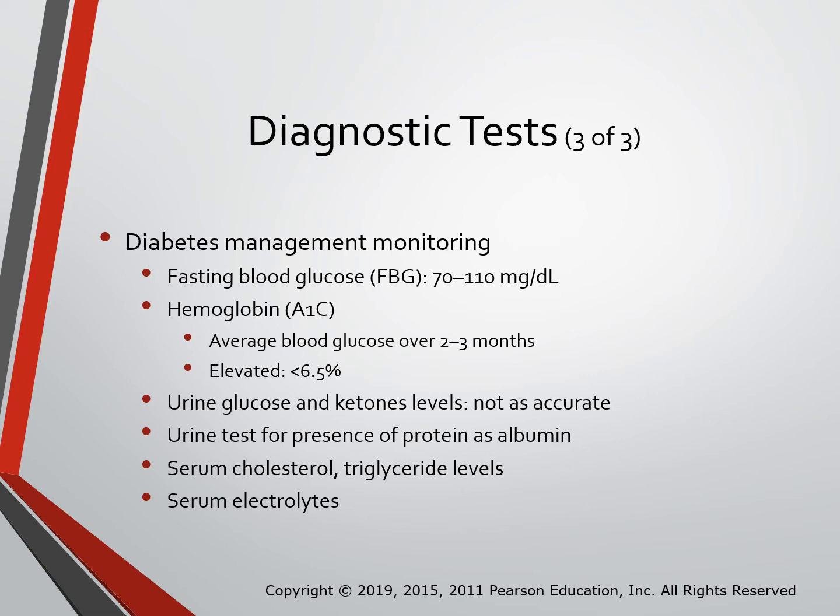Urine, they're going to look for the ketones, and they give you the ranges there. Urine test for albumin, which they'll do a 24-hour urine test to see what your creatinine clearance is from your kidneys.